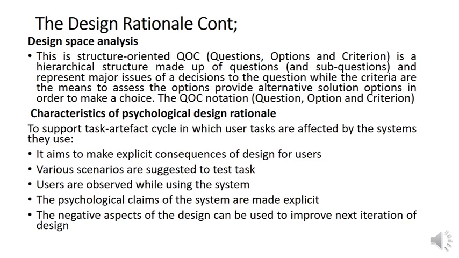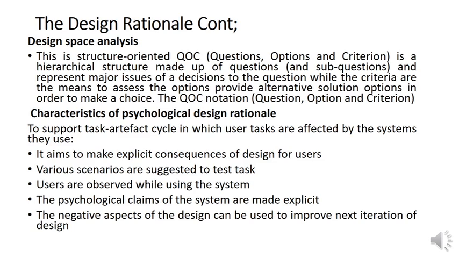Characteristics of psychological design rationale. It supports the task-artifact cycle in which user tasks are affected by the system they use. It aims to make explicit the consequences of design for users.